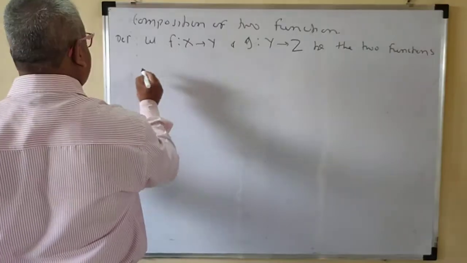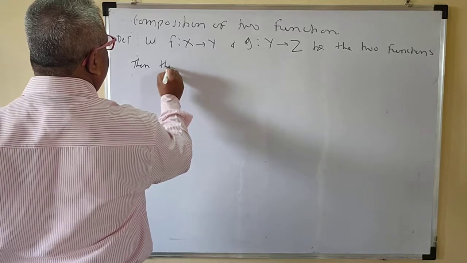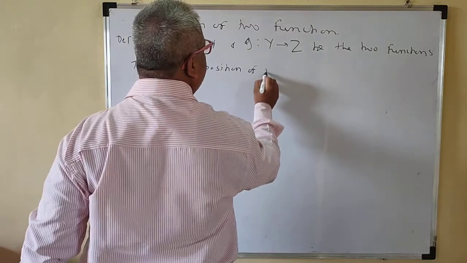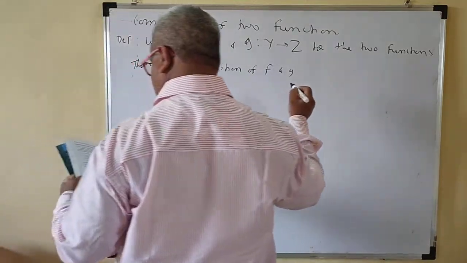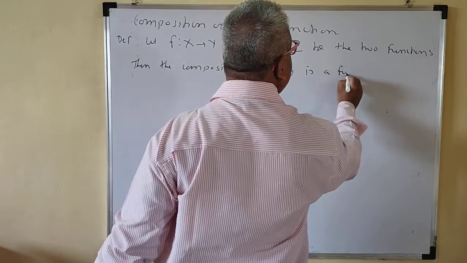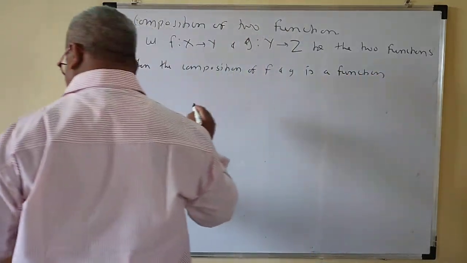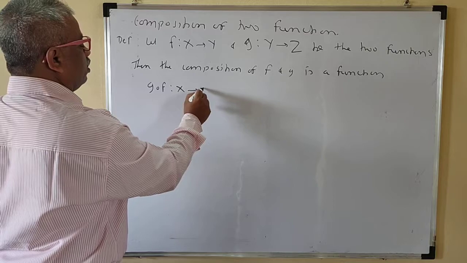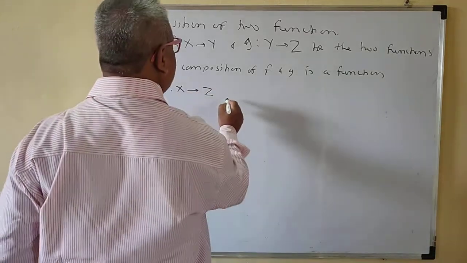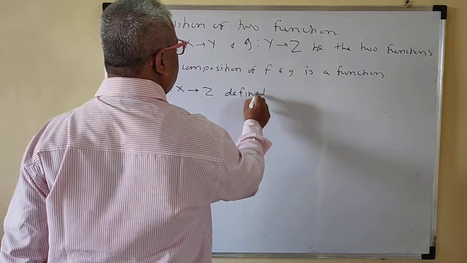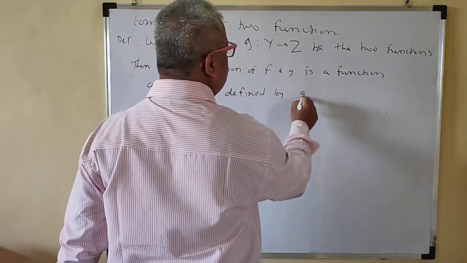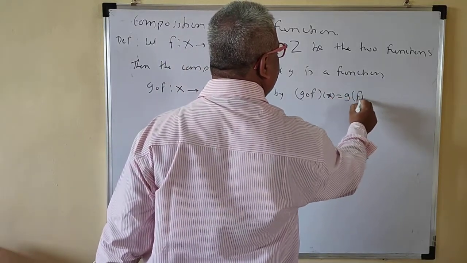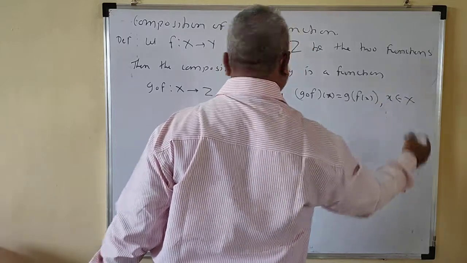Then the composition of f and g is a function denoted like this, from X to Z, defined by (g∘f)(x) = g(f(x)).